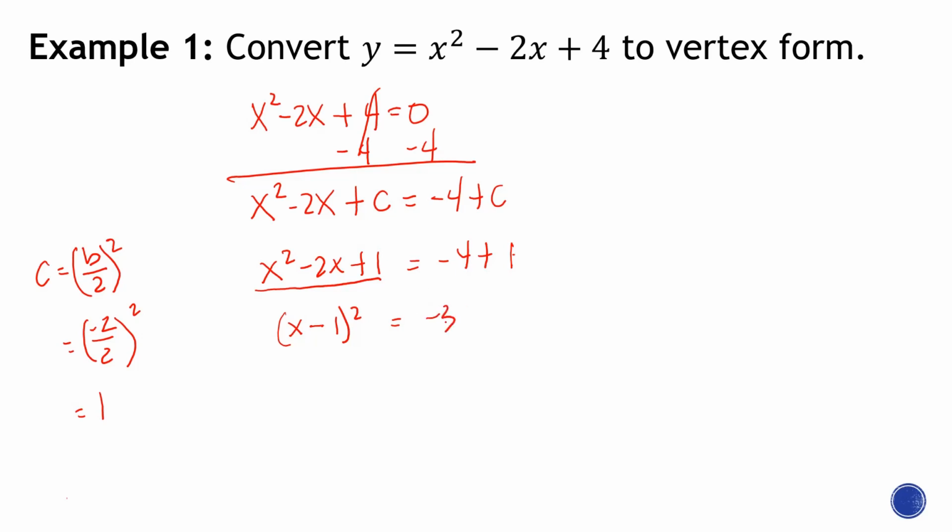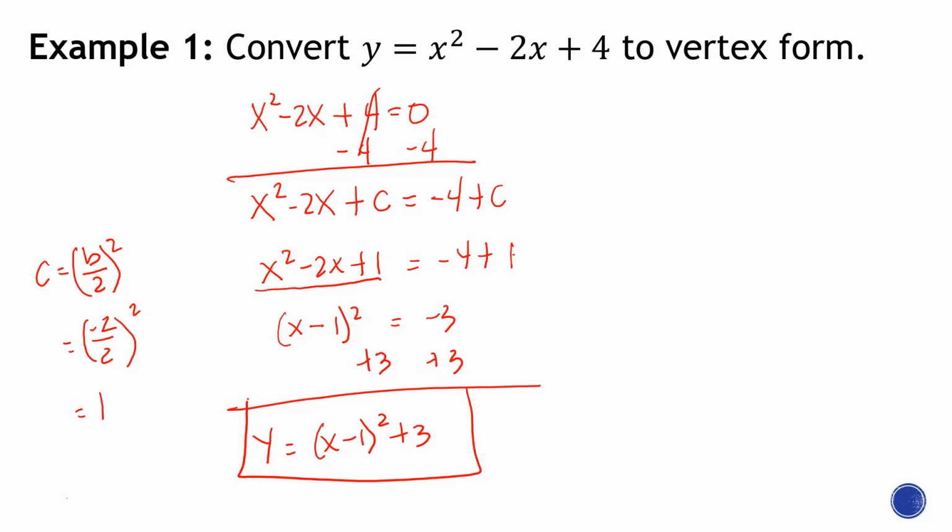And then we will move that 3 again to the left side. So this will be y equals x minus 1 squared plus 3. So there you go. That's the vertex form, and our vertex here is at 1 and 3.